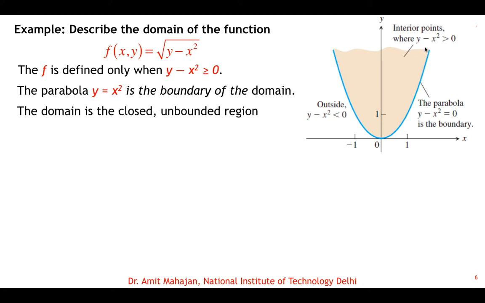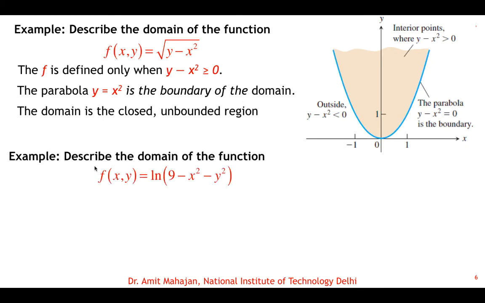Unbounded because it doesn't matter how large a disk you take, there will be points in the positive direction of the y-axis which always lie outside the disk. It is not possible to draw a disk of finite radius which will contain all the points of the domain. So this is an unbounded region.